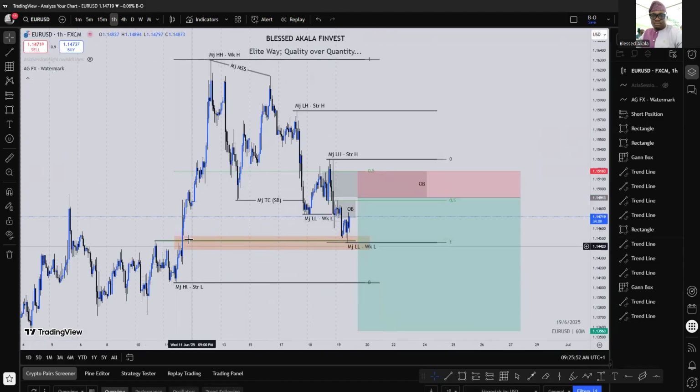But nonetheless, anything can still happen within the leg that we are in, because this strong low will not just give way to any price movement just like that. But nonetheless, it's giving its reaction already.